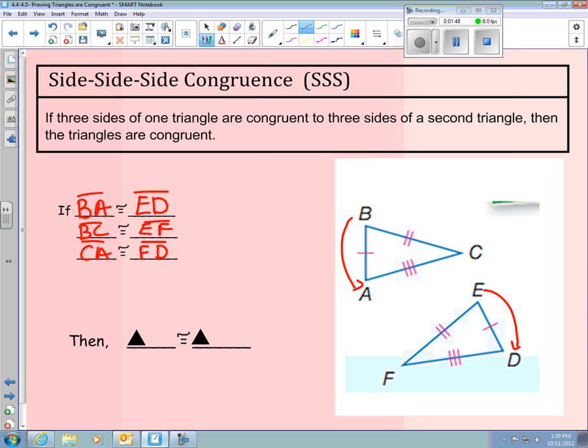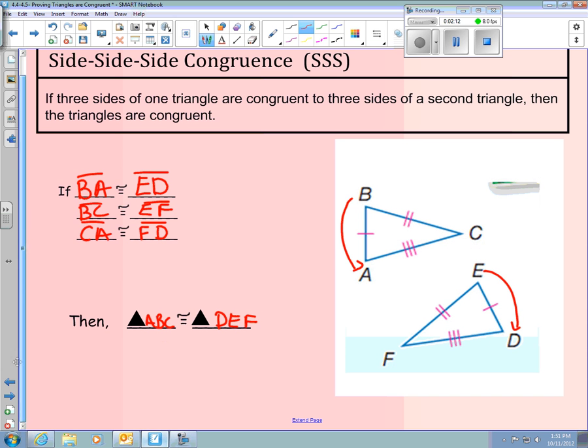So we notice that all of those sides of the triangle are congruent. Our side congruence statement is saying if all three of those are congruent, then we know that triangle ABC is congruent to triangle DEF. So if those sides are all equal to each other, that means our triangles are equal to each other.